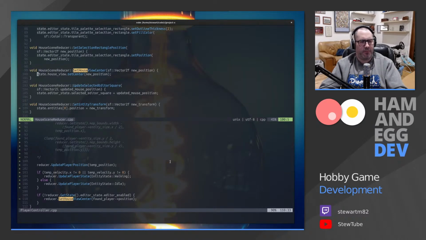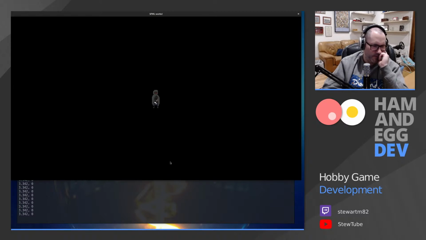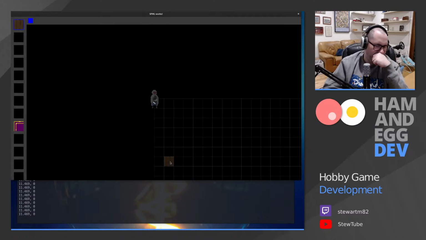Is the sprite updating? Why would that happen? What is going on there? So the position is definitely updating, but it always seems to be rendered at 0, 0.